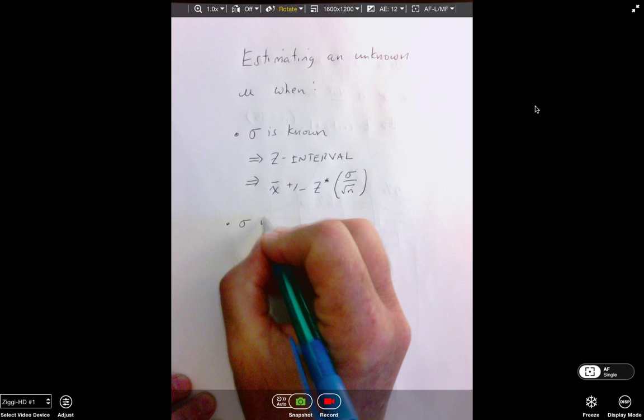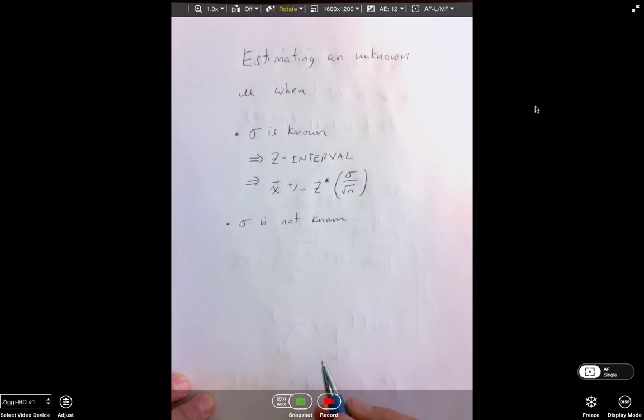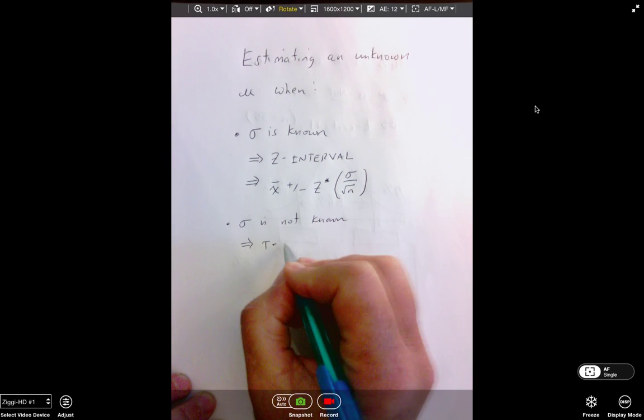When sigma is not known, we use the t interval.